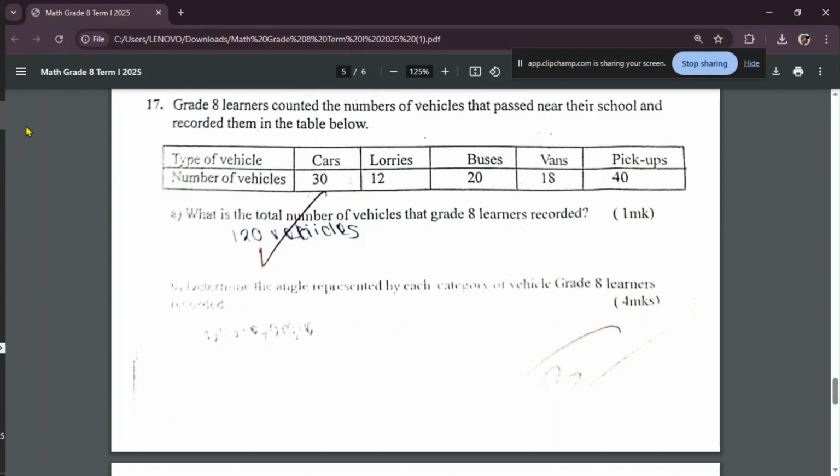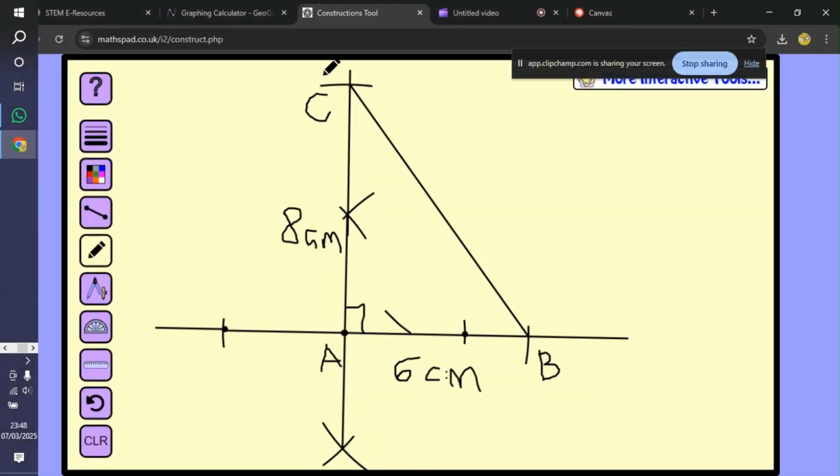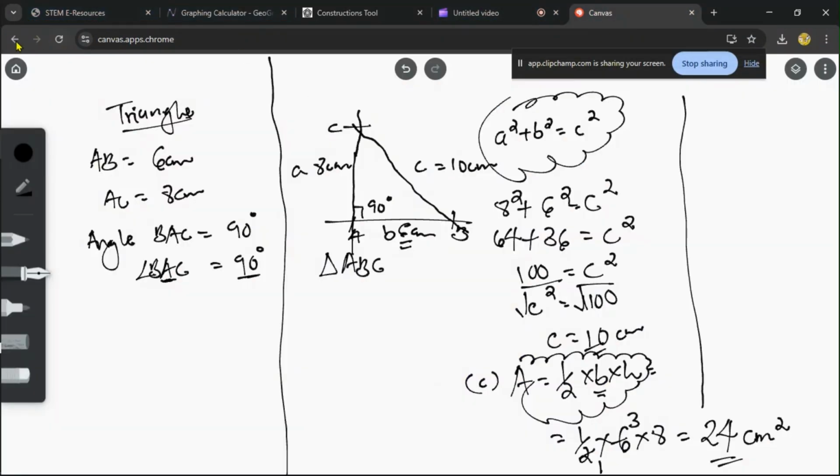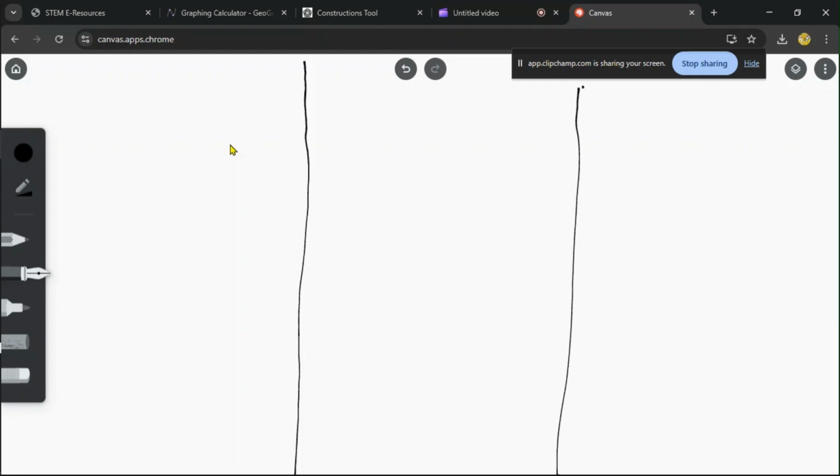Now if I want to get the angles, this is how I go about it. Here you have the different types of vehicles. We are dealing with number 17, and the answer for A is 120 vehicles by adding all of this.